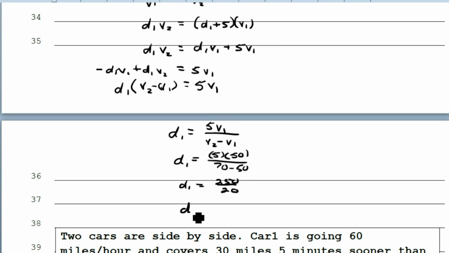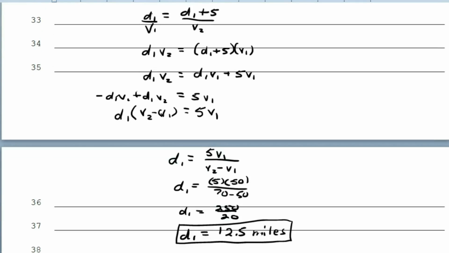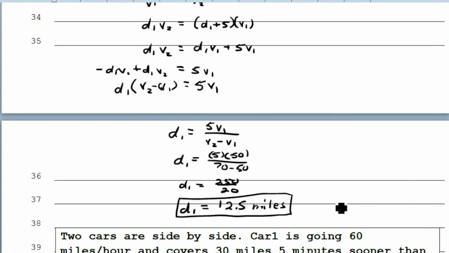So D1 equals 12.5 miles. And we know D2 had to go an extra 5 miles. So D2 equals 17.5 miles.